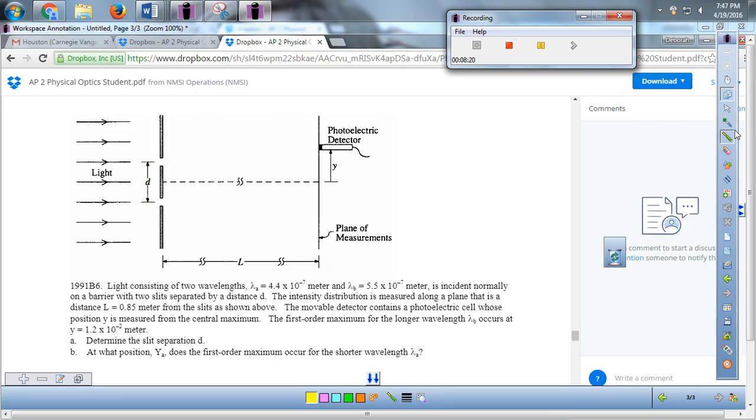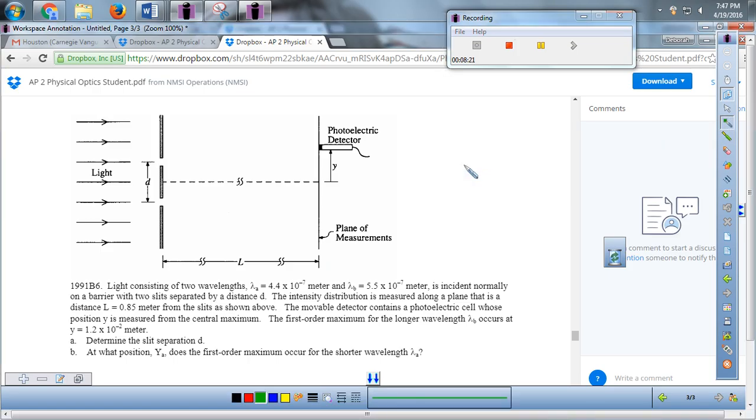Well, that's not a real big deal. We can do that. All right, so all I said was, well, m lambda is equal to d x over L, and that's what I'm looking for right there. So m was just simply going to be 1 because it was constructive interference.